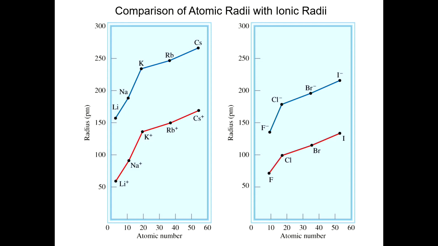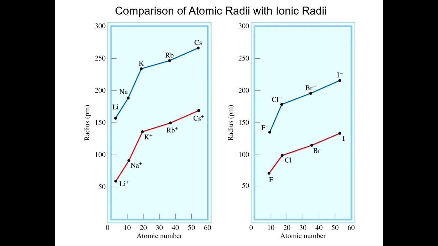So basically, for metals, they tend to lose electrons to form a plus charge. After they lose electrons, is the radius increased or decreased? Decreased. Yeah. See this one. Okay. This is for metals.